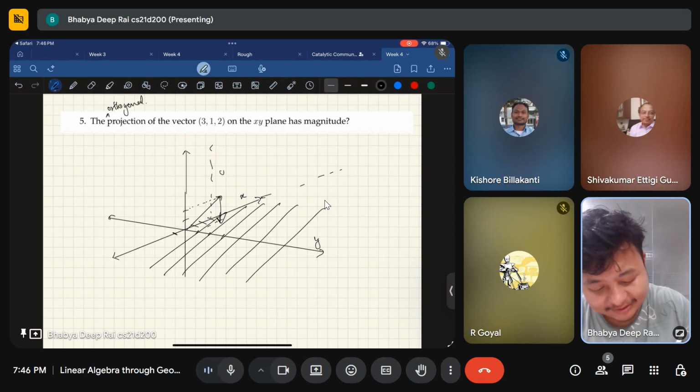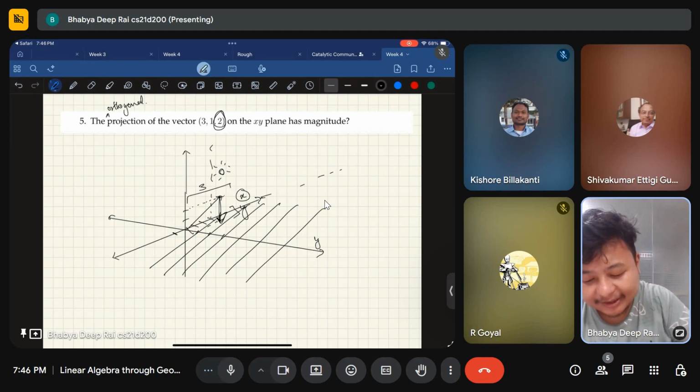And you already know that with respect to x, it is 3 units, and with respect to y, it is 1 unit, and z is two units above the xy plane, because the xy plane is at z equals 0.